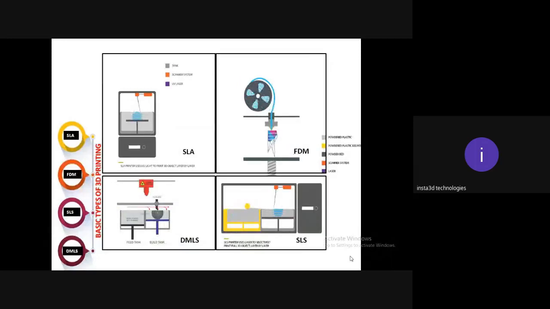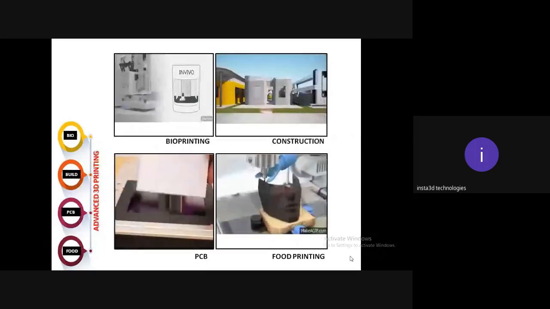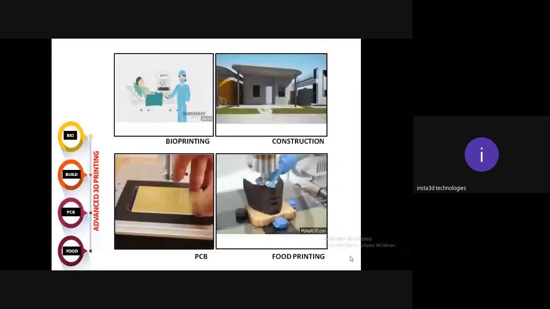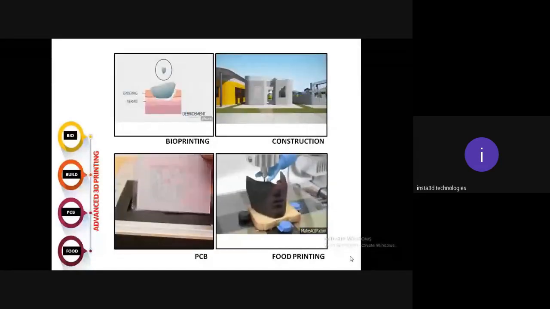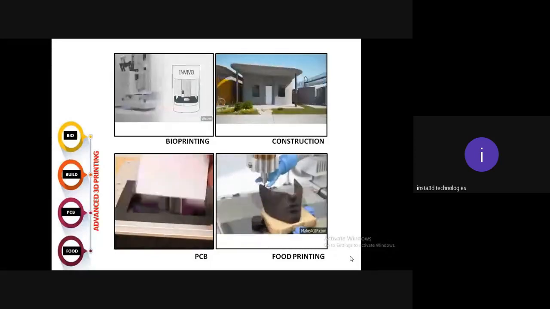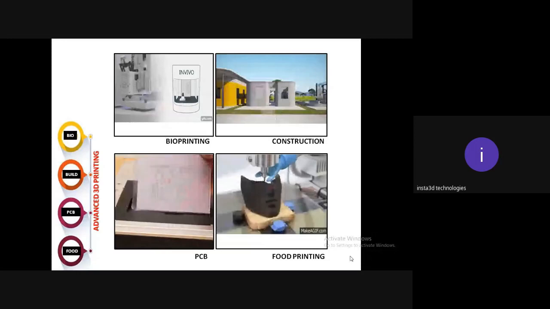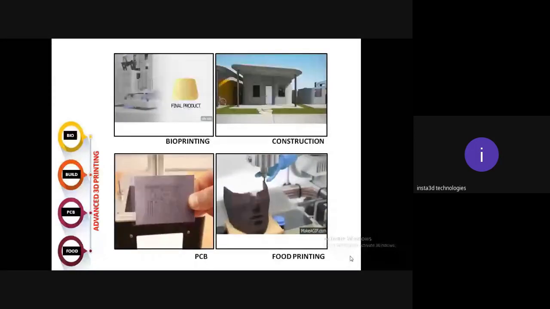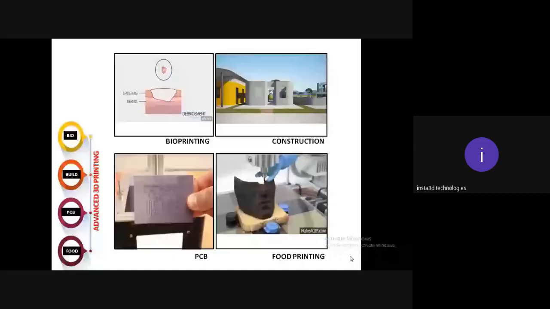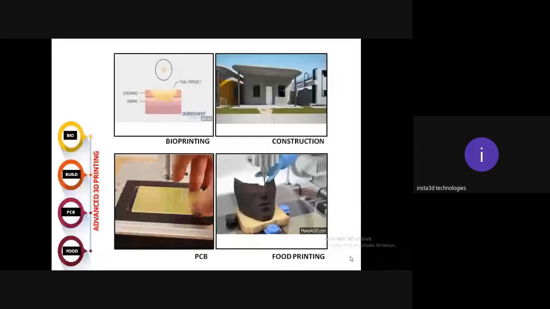And now researchers are working, as well as there are products, in advanced 3D printing technology. And the first one is bioprinting. And here we use bio inks as a raw material. And in bioinks, there may be tissues and cell generation components.